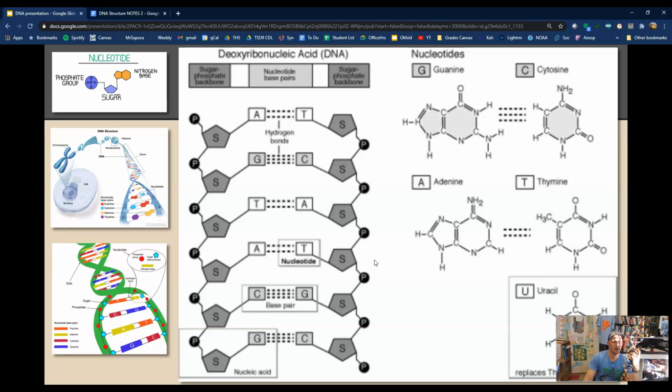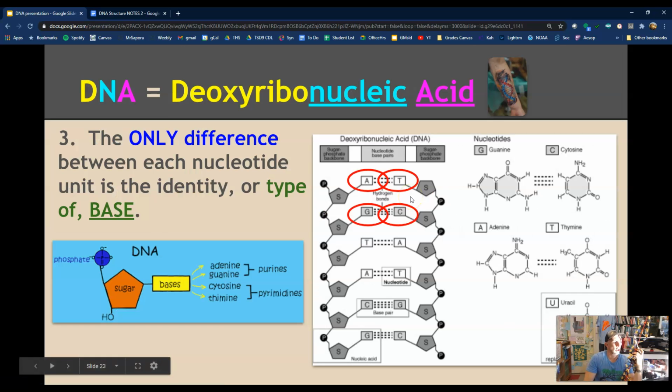I'm not trying to give too much away here, but if you just look at this, phosphate, sugar, phosphate, sugar, phosphate, sugar on the outside. And then up the middle, you see the bases, but there's something funky there. The only difference between each of these nucleotides is the type of base that is on it.